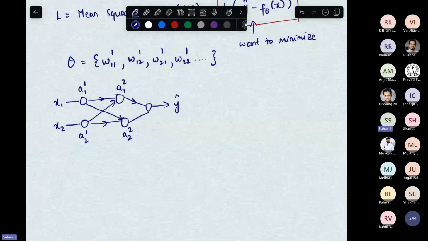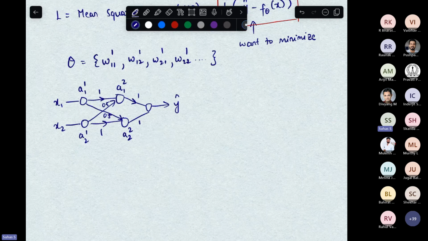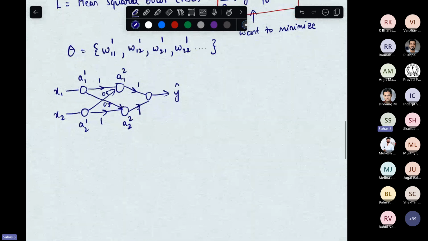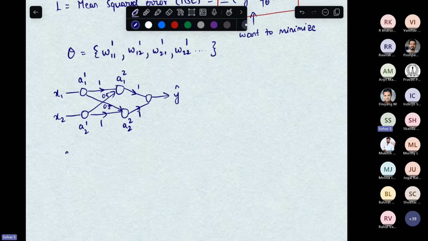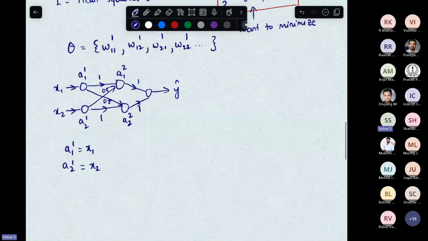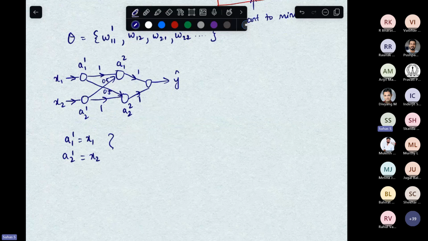So this maybe is 1, this is 0.5, this is 0.5, and this is 1. Similarly, let the output weights also be 1 and 1. For the input nodes, we have A11 simply equal to x1 and A21 simply equal to x2. This is the input layer.